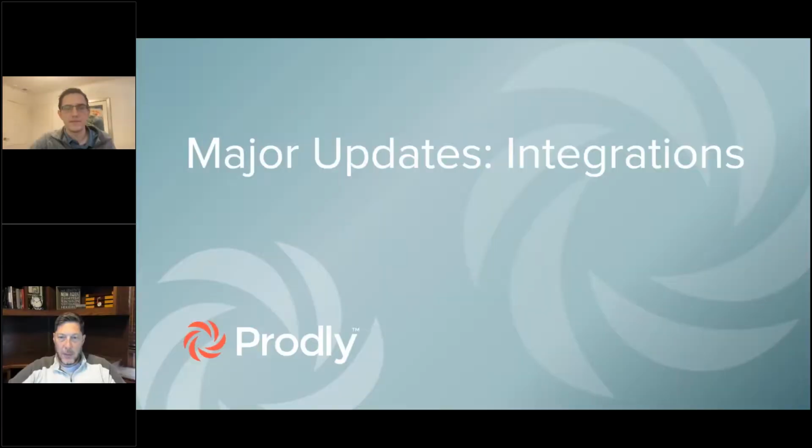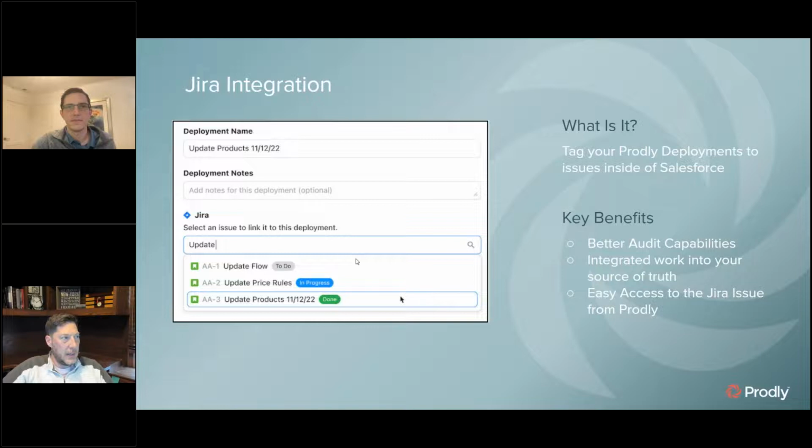Yeah. So let me get my screen up here. This is really exciting as we are now merging into some new space for Prodly, and it's how we're integrating with systems outside of just the Salesforce ecosystem. So like Jira.